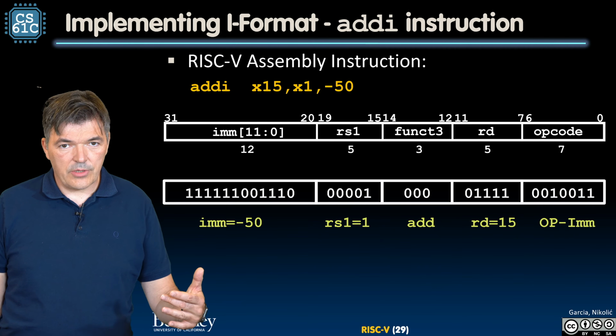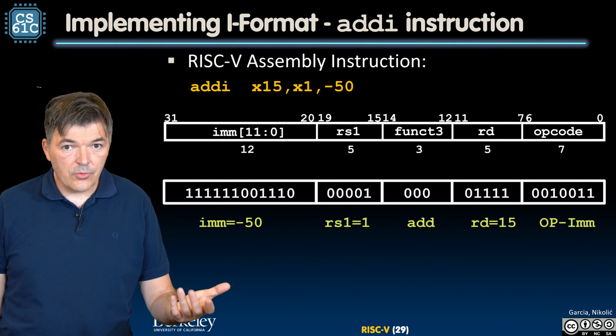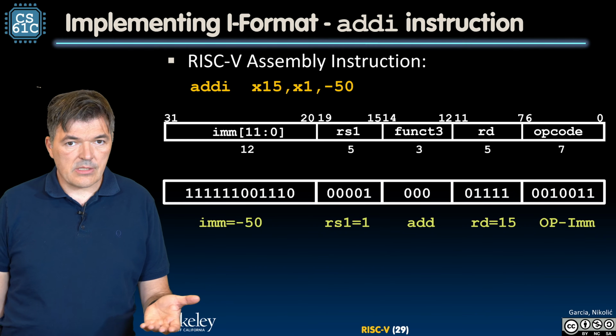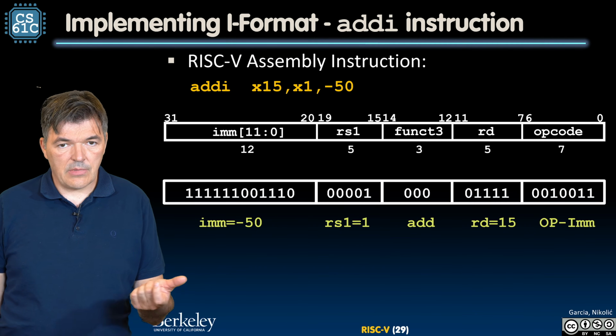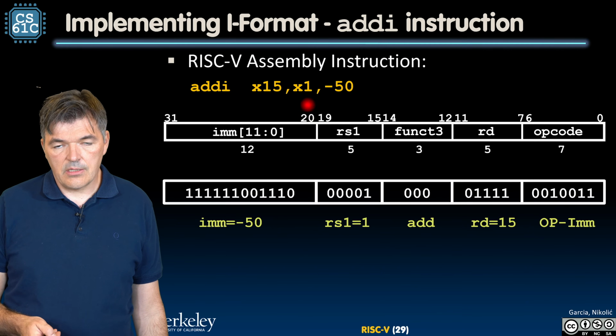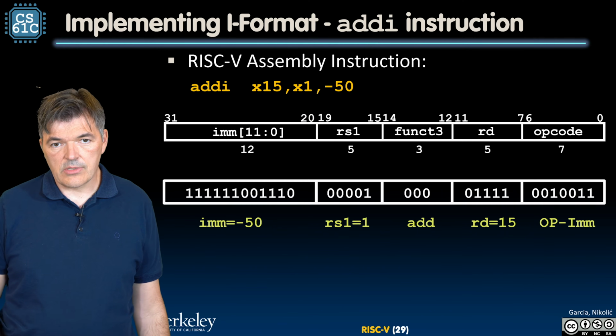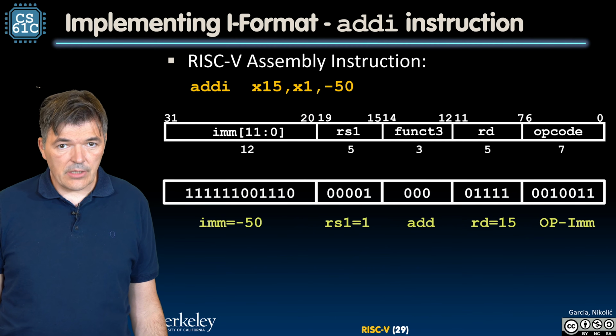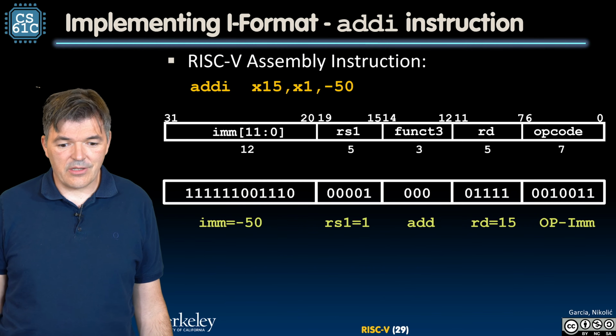First, let's recap how our immediate instructions look. In this example, add immediate takes an immediate value of -50, adds it to the contents of a register x1 and stores the result in x15. It has a similar but slightly different format from R types.